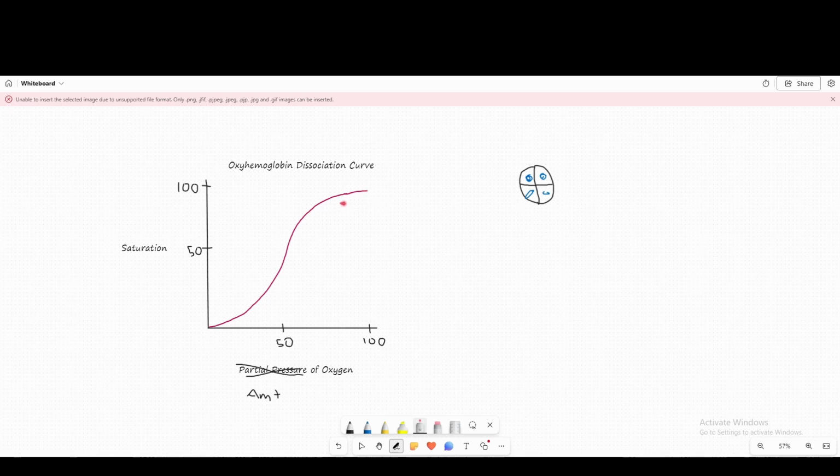And you don't want the hemoglobin to release the oxygen at this point. You want it to bind, but you want it to hold on tightly. And that's what your body does at the top of this curve. But then as you get near the bottom of the curve, you have a lower saturation and a lower amount of oxygen in a given space. This is your tissues down here, right?